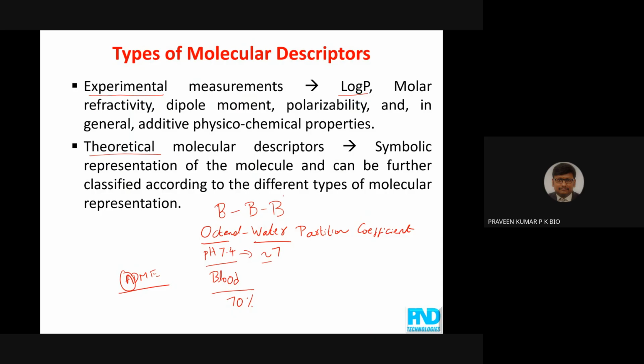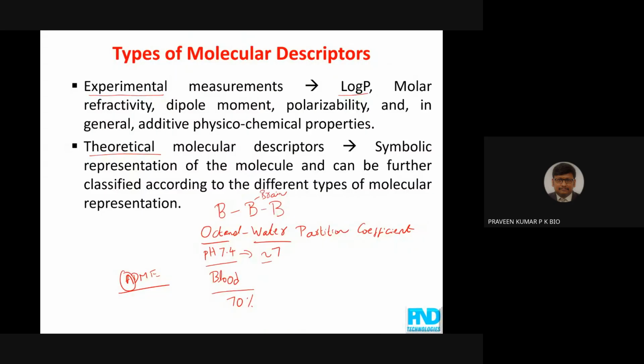The cranial membrane, whatever you find in our skull, is more lipophilic, that is, the brain is more lipophilic. Whatever drugs we consume, if it targets the brain, then it can lead to any kind of central nervous disorders or peripheral nervous system disorders.